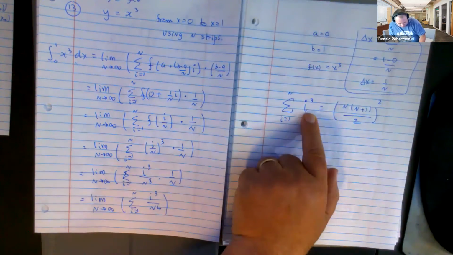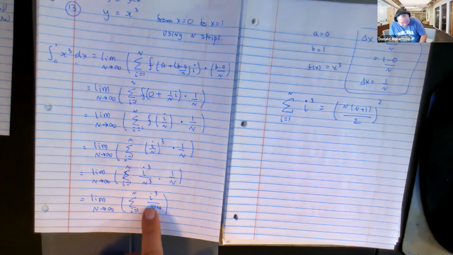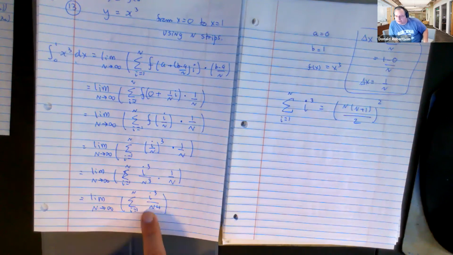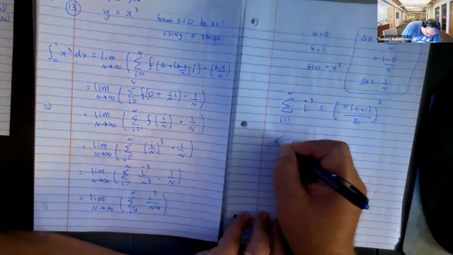The sum of i cubed is this fella. Now, this guy and that guy aren't quite the same. Do you notice there's an n to the 4 on the bottom? See that n to the 4? So it's i cubed over n to the 4. Wouldn't it be nice if we could incorporate that? So let's see what that looks like.